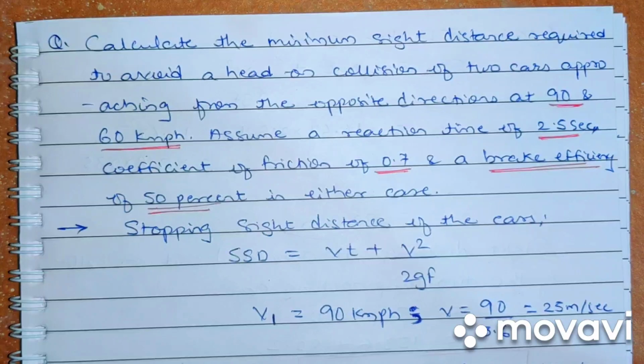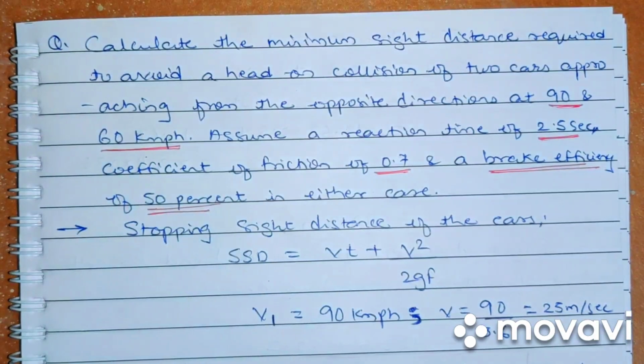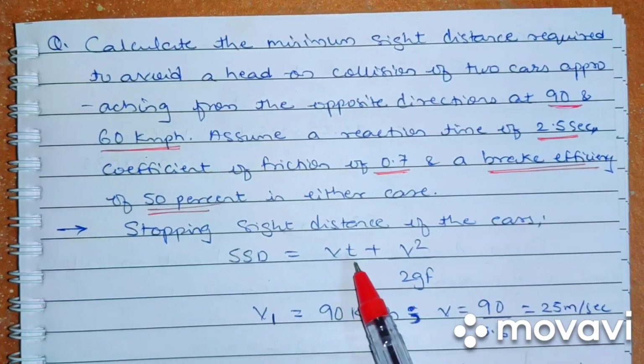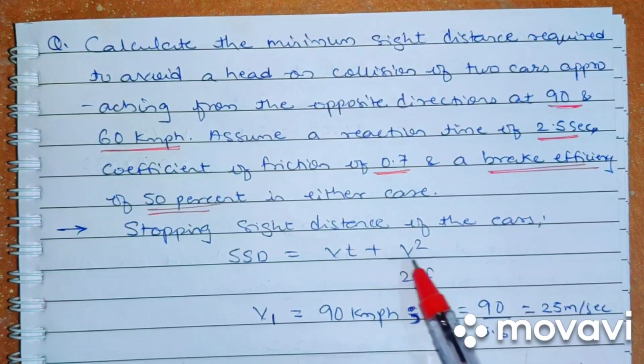So we'll find the stopping sight distance using the formula: stopping sight distance equals velocity times time t plus v square upon 2gf.